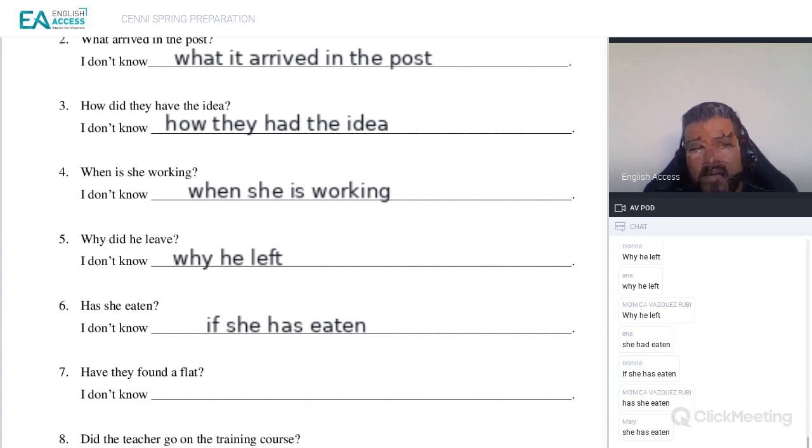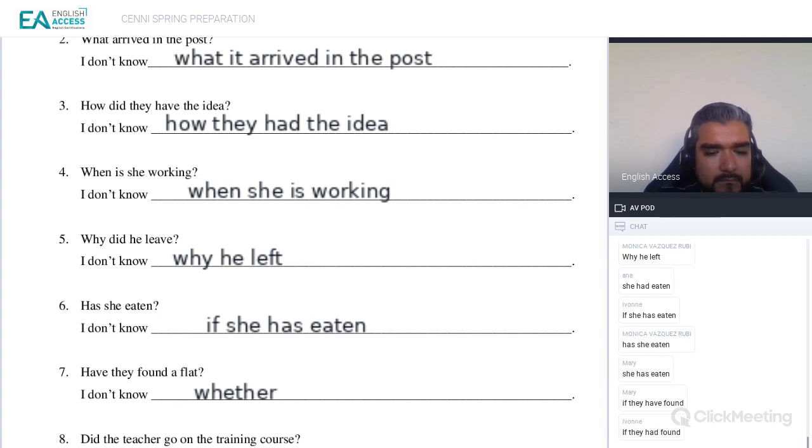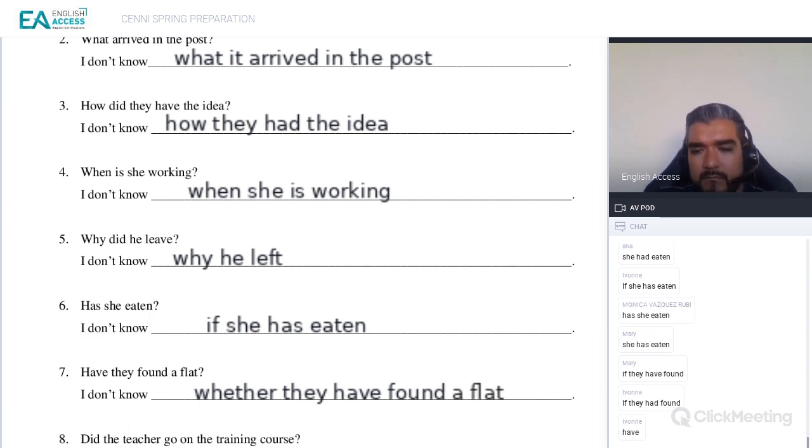I don't know. If they had found or if they have found. In this case, it is have, Yvonne. Yes, have. I don't know whether they have found a flat or I don't know if they have found a flat.